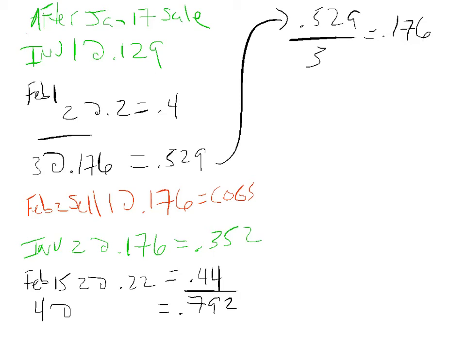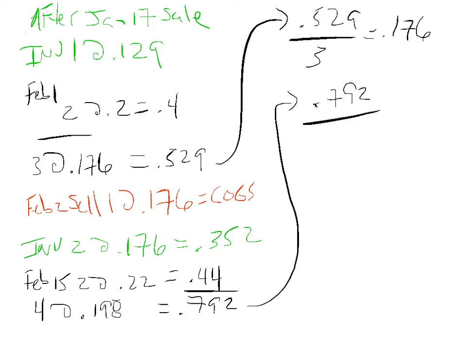And so our average cost for those is 0.198, okay? And so the calculation for that average cost is 0.792 divided by 4, which equals 0.198.